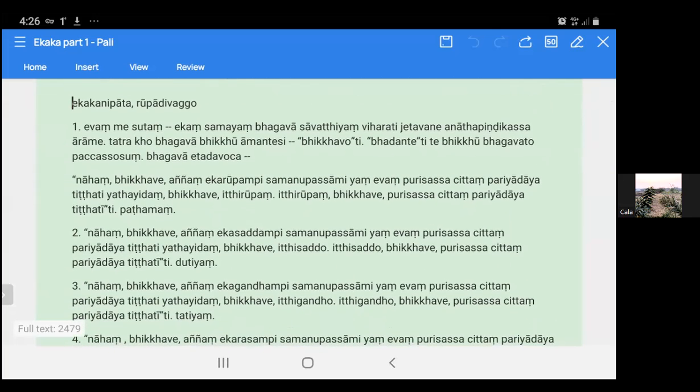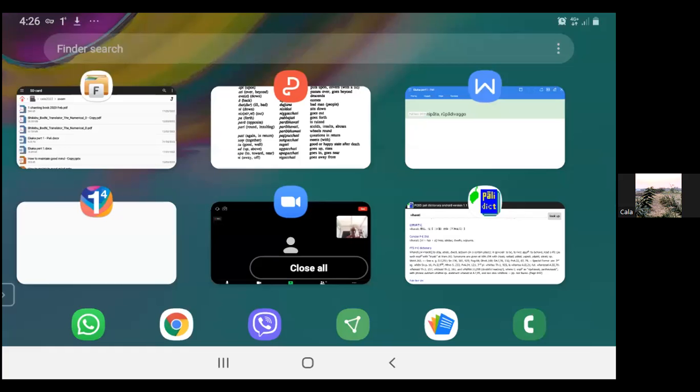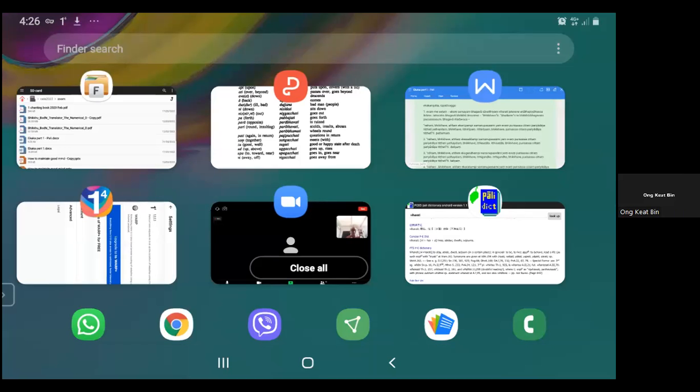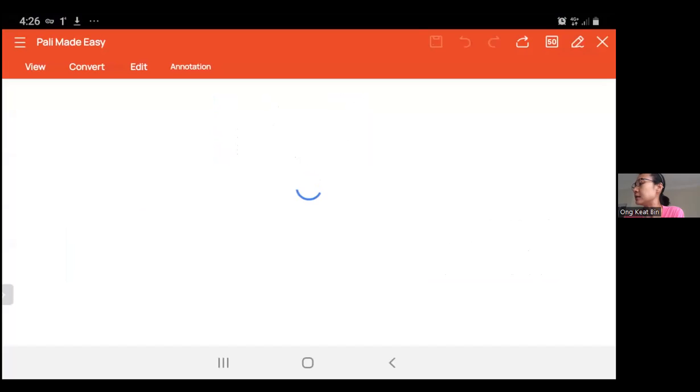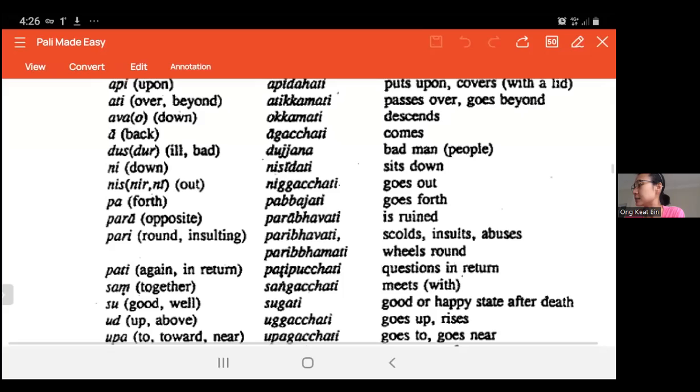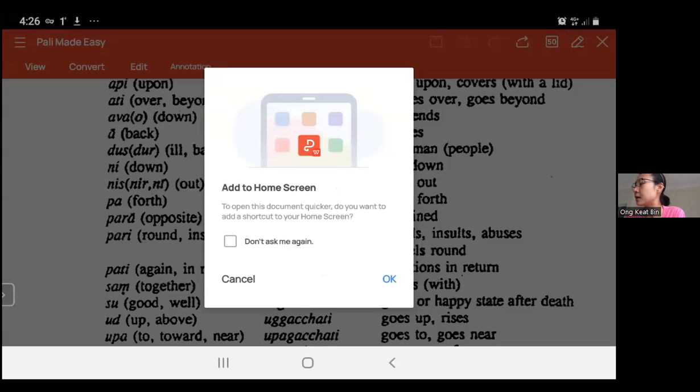Yes. Regarding the numerals, the ordinals, it goes to the number 12. You have dasa, dasama, and then it becomes barasa. Why did it change like that, right?